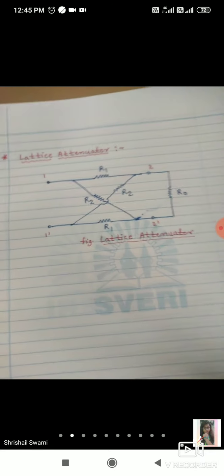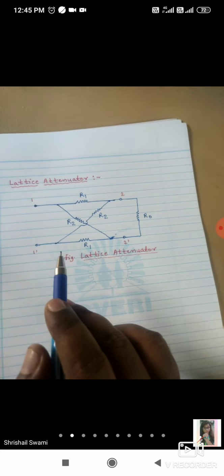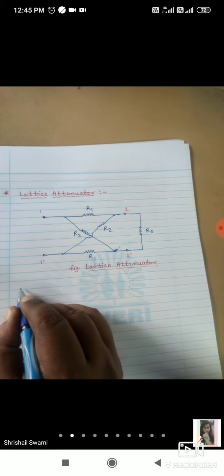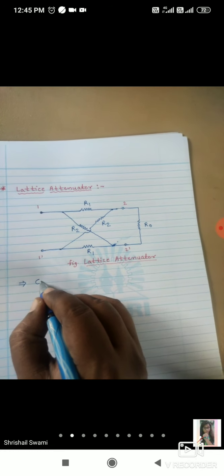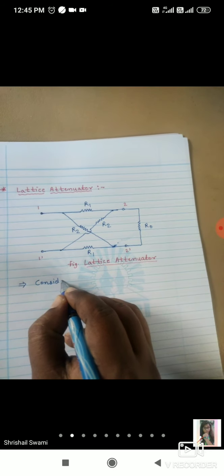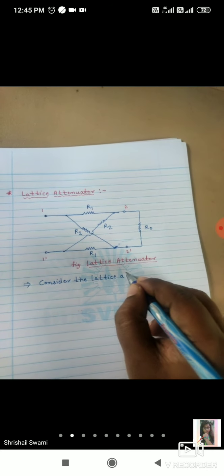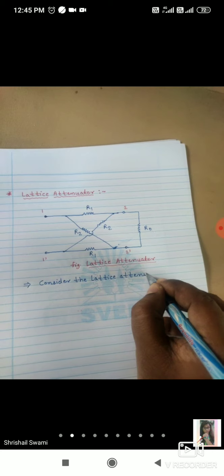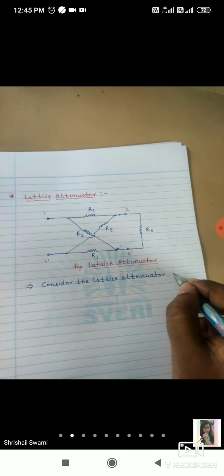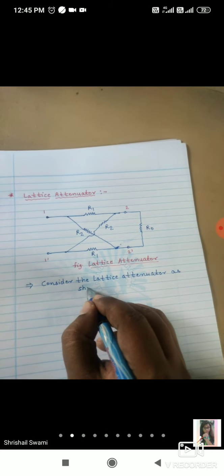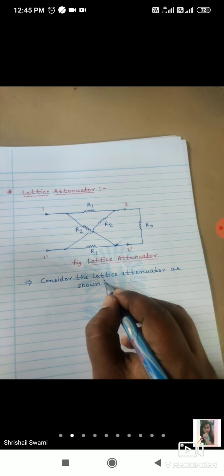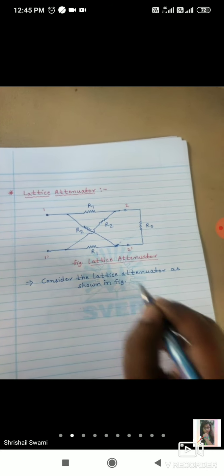Okay, so we will start to obtain the derivation of R1 and R2. Before starting the derivation, first of all we will describe this lattice attenuator. Consider the lattice attenuator as shown in the figure.